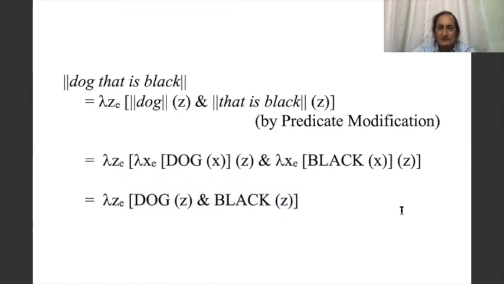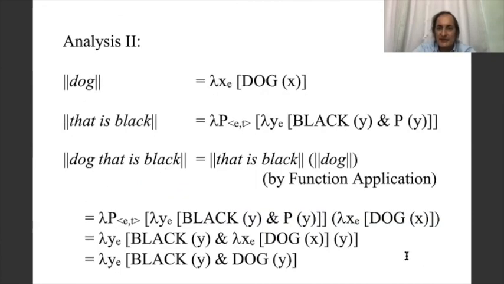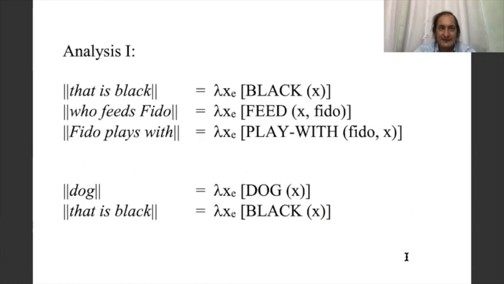So just like we could have two different ways of analyzing the adjective black, we can have two different ways of analyzing the relative clause, "that is black." And we could do the same thing for the relative clauses, "who feeds Fido" and "Fido plays with."